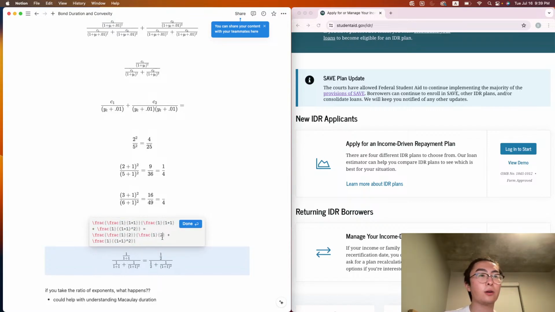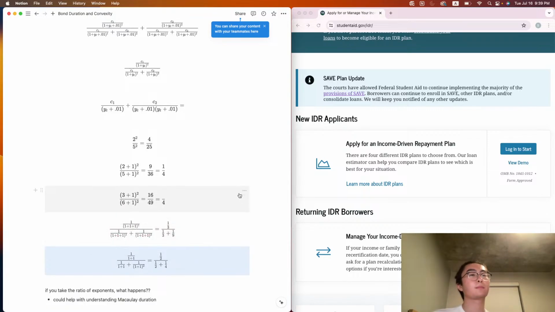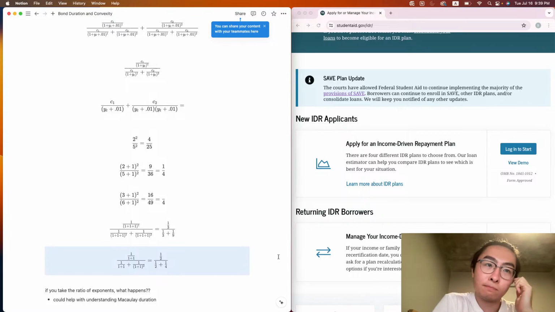1/2, 1/2, 1/4, right? So I'm starting to see a pattern here where you're always going to have these two match, and then the second match.